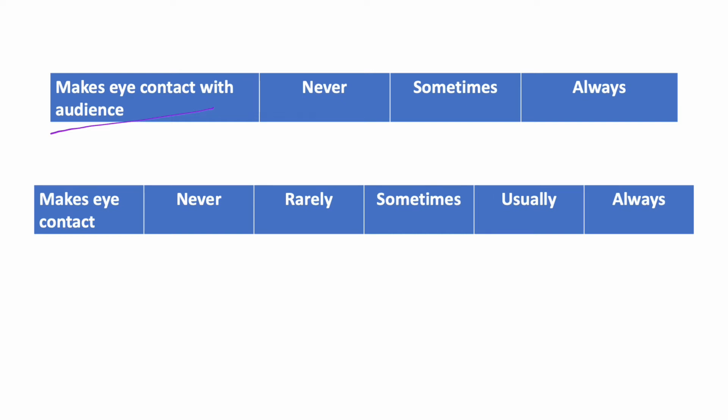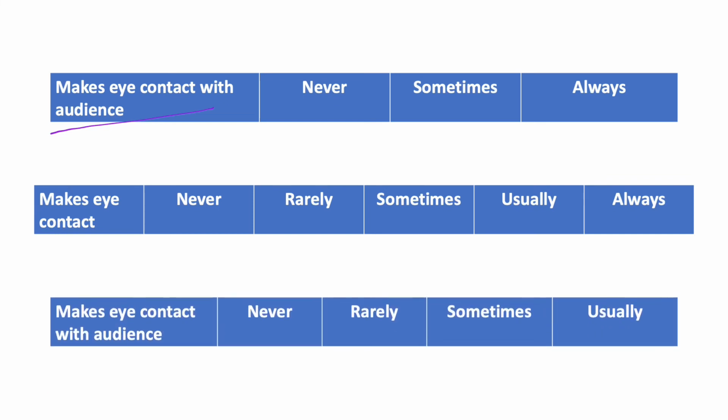For example, another teacher might decide to leave off the always level in the above rubric because usually is as much as can be expected or even wanted in some instances. So, it becomes like this again. You're going to make it fewer. So again, you may change the levels and make it 4 because you think that it might be more workable.